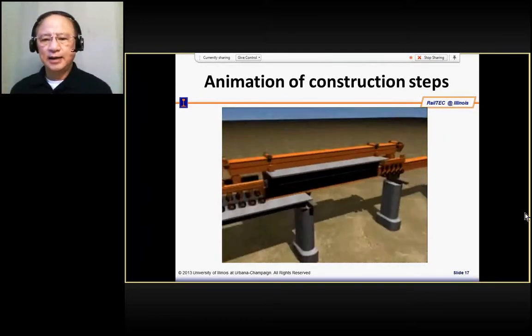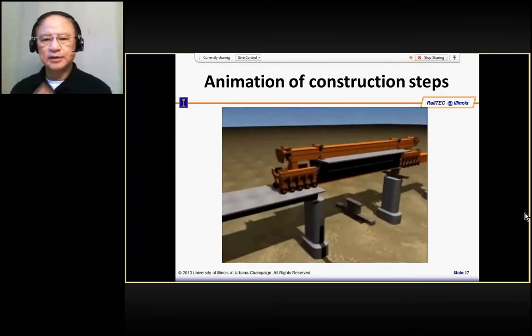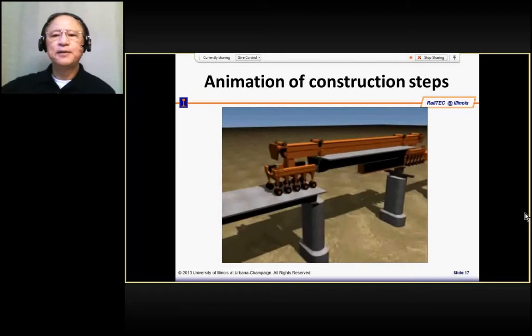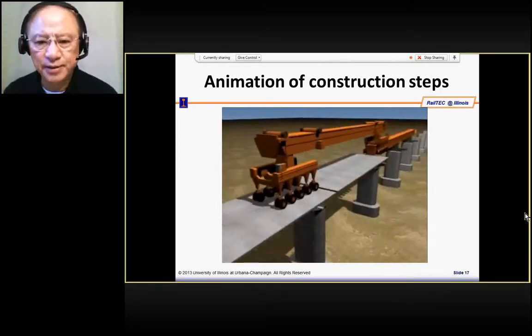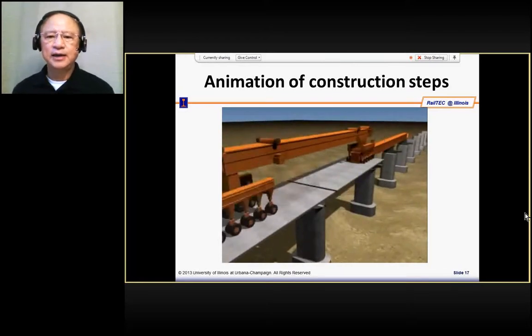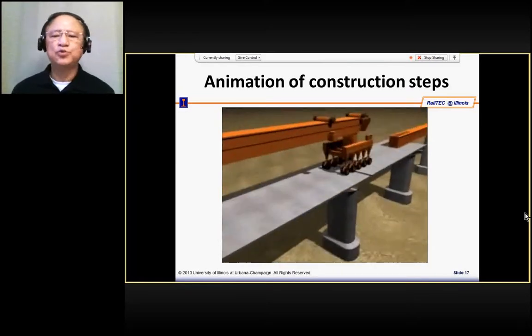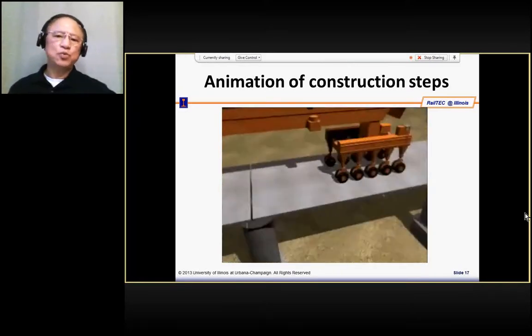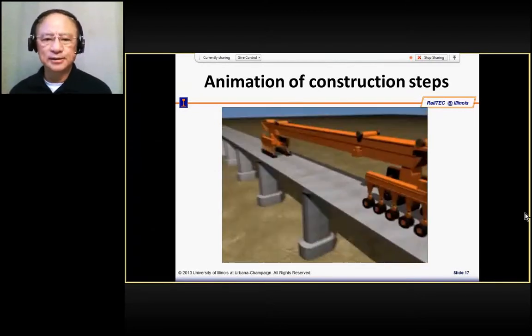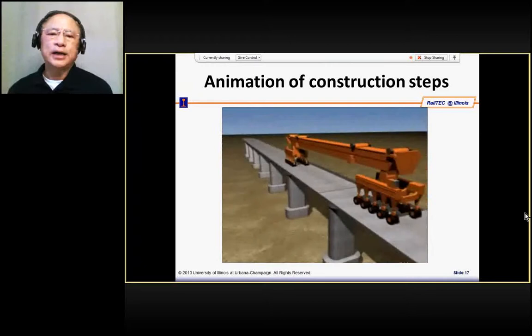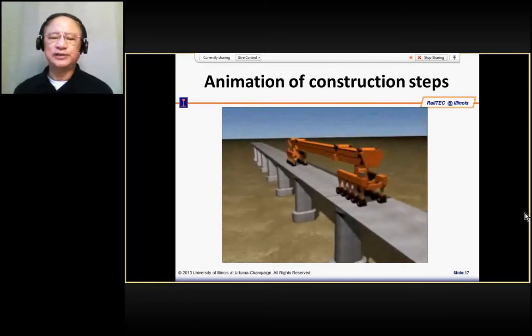When the girder is in place, the temporary girder moves away, and then the permanent girder drops into place. Then the transporter is ready to move back to the casting yard, pick up another girder and move on. So this is the construction sequence.